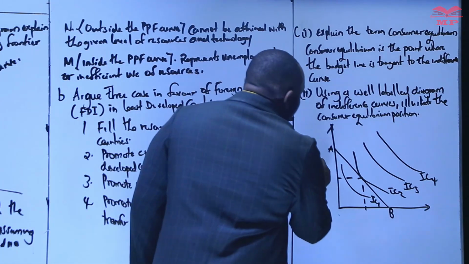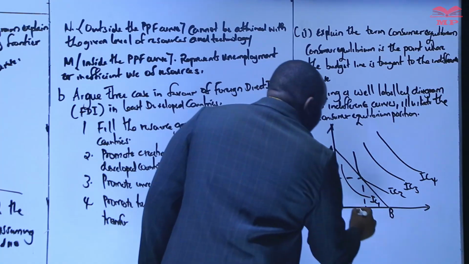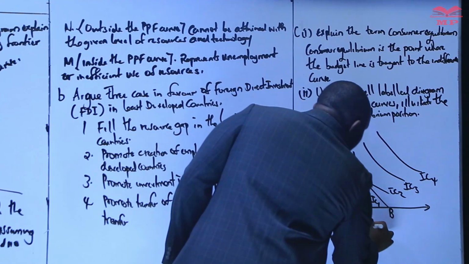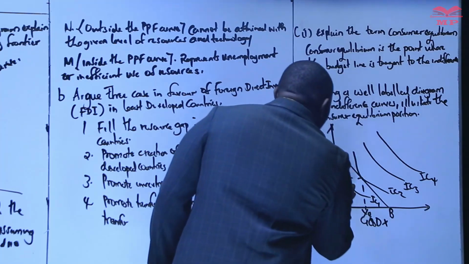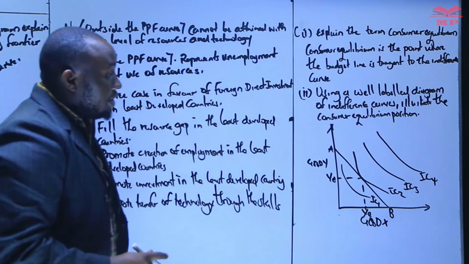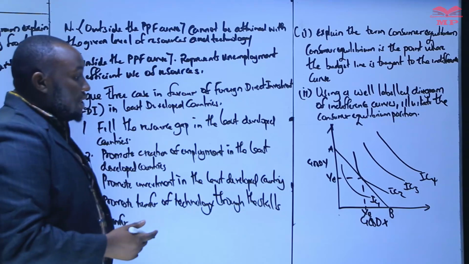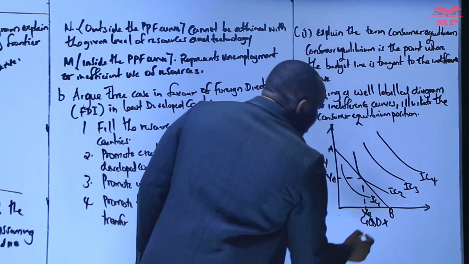This is good Y on this end, and good X on this one. I have XE here, and YE at that very point. So we have established the equilibrium position.